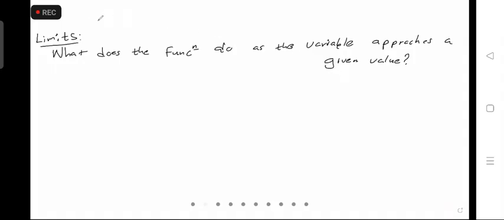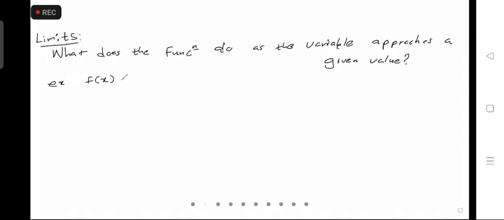So in limits, we find what the function does as the variable approaches the given value. This is the limit we are going to learn.